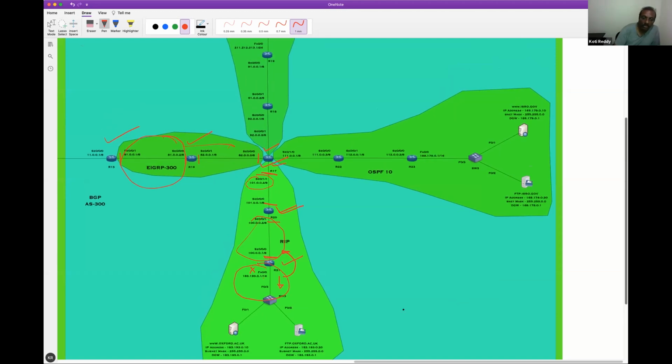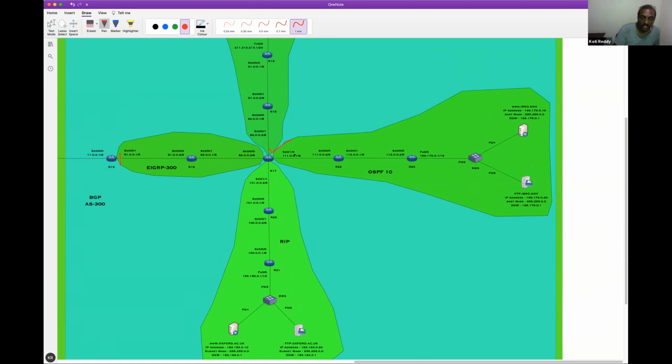Now, similarly, let us configure OSPF routing protocol on R22, R23 routers and also R17. So how do we enable it on R17 now? I go to R17, router OSPF 10.